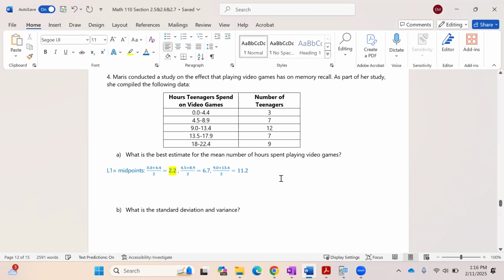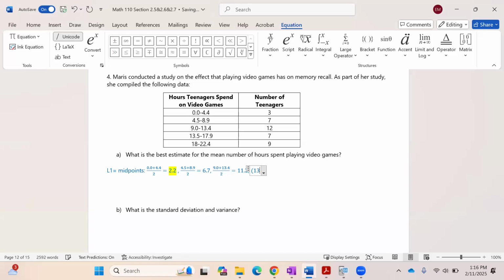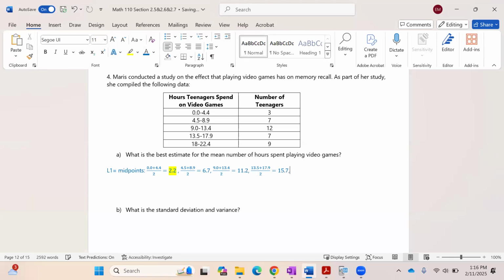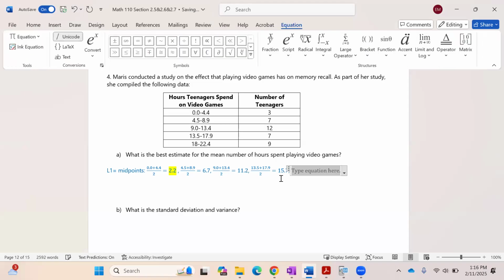And so carrying on, we have 13.5 plus 17.9 divided by 2, and that comes out to be 15.7. And the last one is 18 plus 22.4 divided by 2, and that comes out to be 20.2.